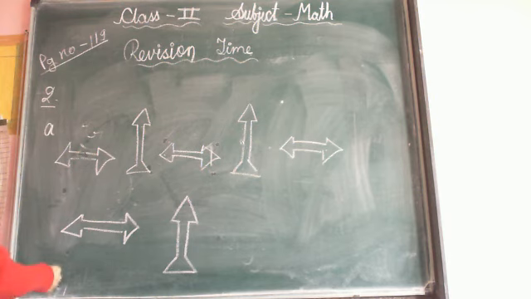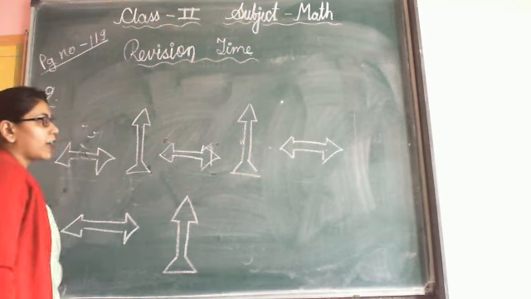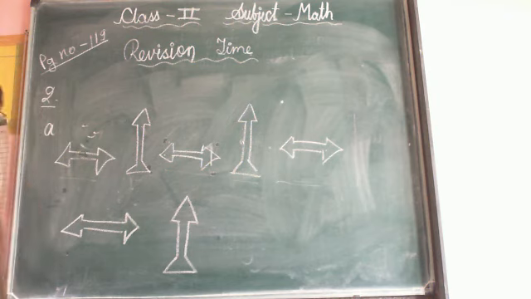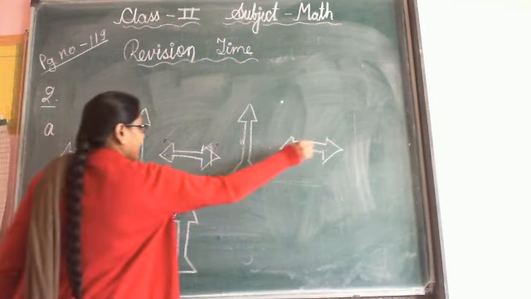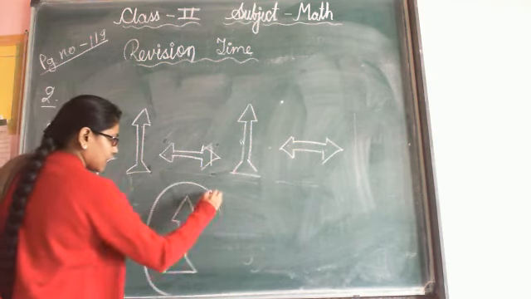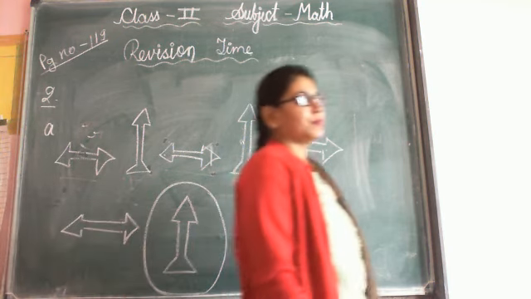So let's observe the pattern. Double sided arrow, single sided arrow. Double sided arrow, single sided arrow. Double sided arrow. Now what will come next? Single sided arrow. Because after double sided arrow, single sided arrow is given. So we will circle this one. All of you do it now.